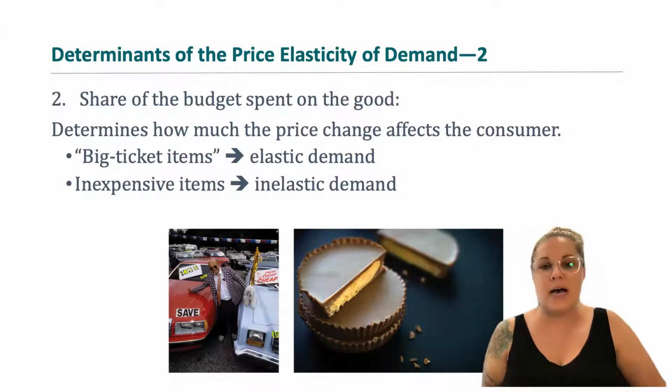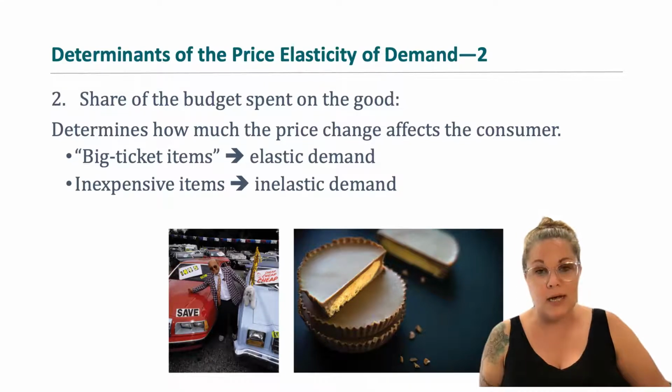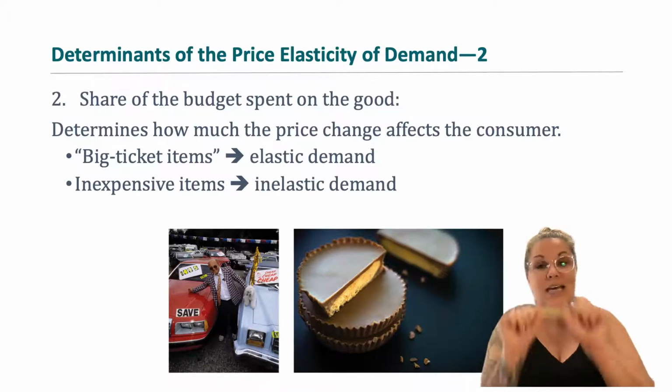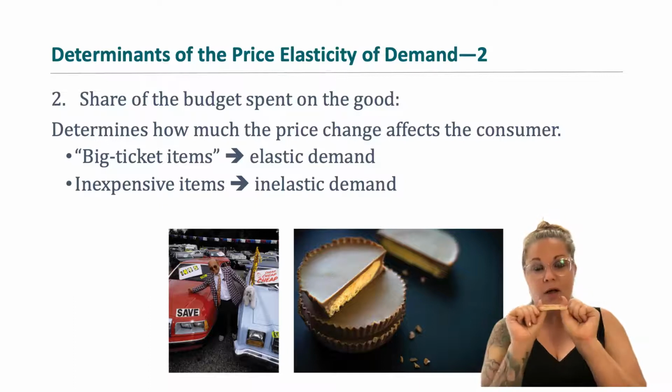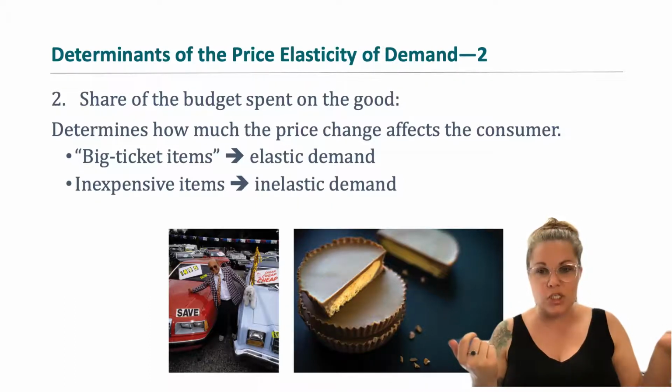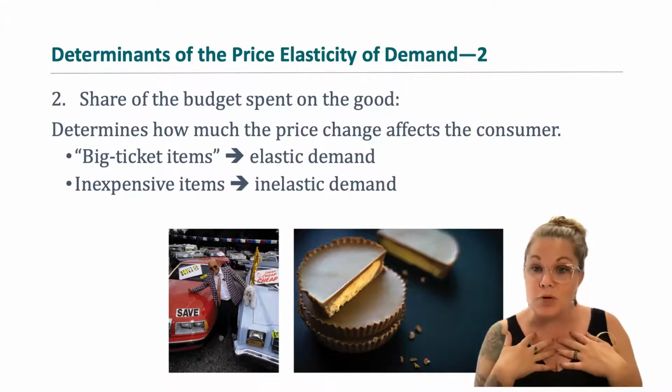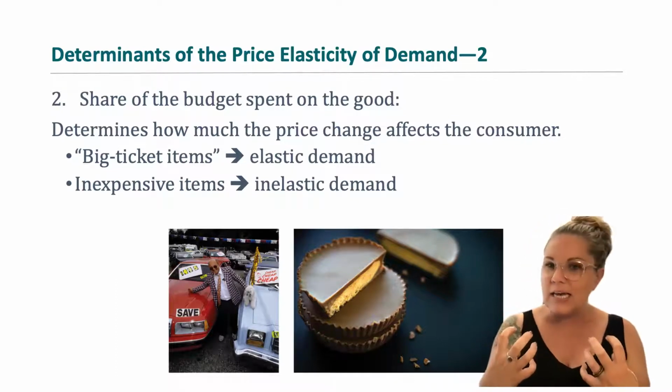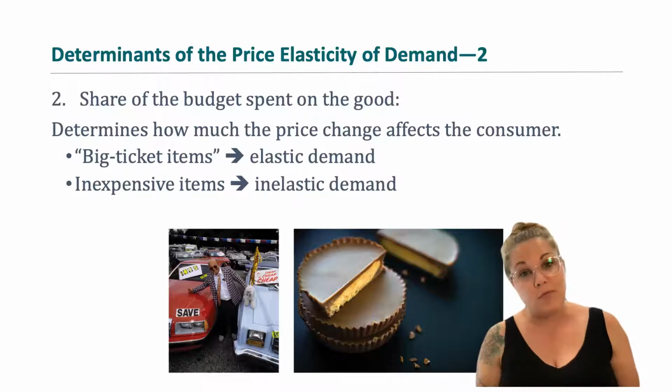However, inexpensive items like candy or pens, something that doesn't take up very much of my overall income, I'm probably going to be inelastic on those items, in that I'd be less responsive to price changes because I don't feel those price changes as significantly when I'm thinking about my overall budget.